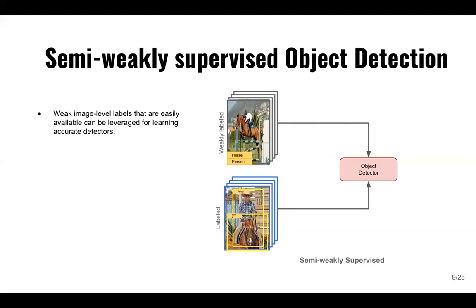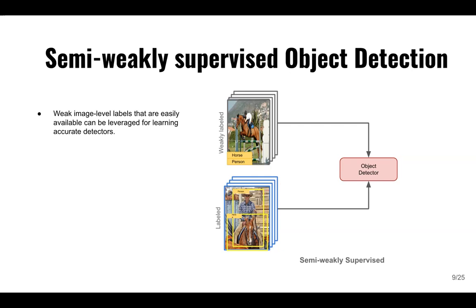So now we have seen these 2 cases, and we look at the semi-weakly supervised setting. Here we get a few labeled images, similar to the semi-supervised case. And the difference is that for the unlabeled images, we have weak image-level annotations.